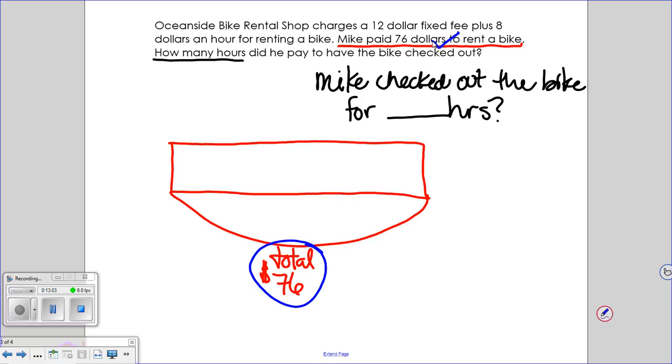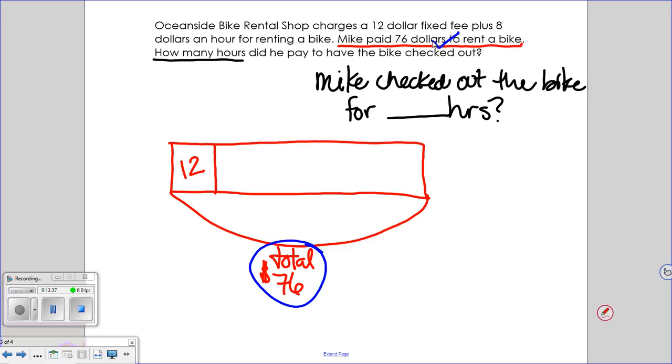So let's break up our bar. And we're going to write a 12. Why do you think I left all this spot open? I only put the 12. Why do you think I left this place open? Eva? Because you haven't got your other number yet.